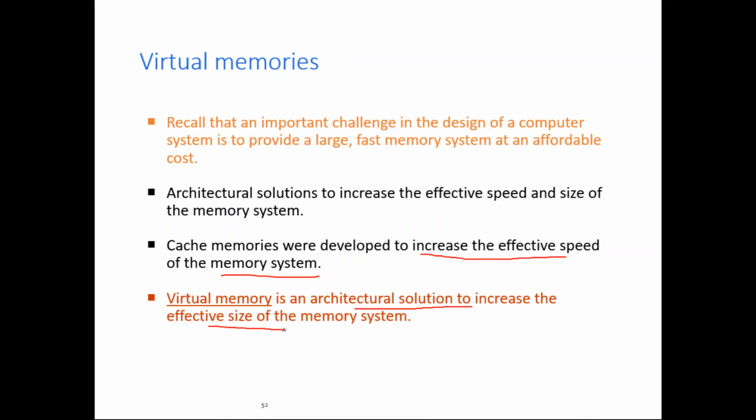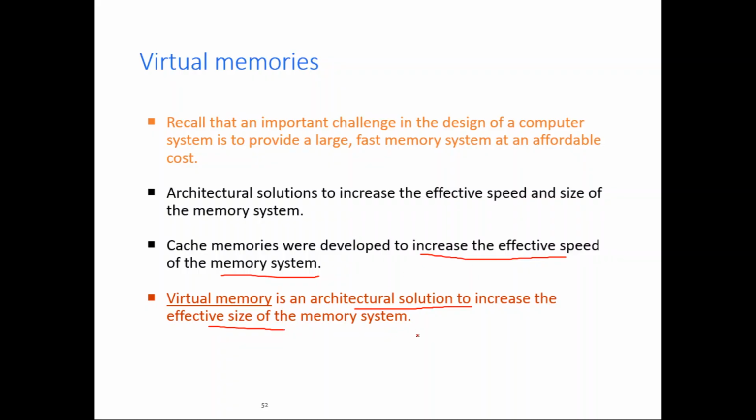So basically, virtual memory provides an architectural solution to increase the effective size of the memory, in the sense that with virtual memory, you can load a program into the main memory even if its size is bigger than the main memory size, right?